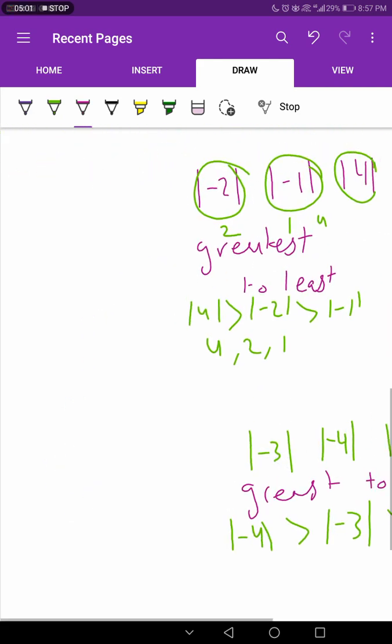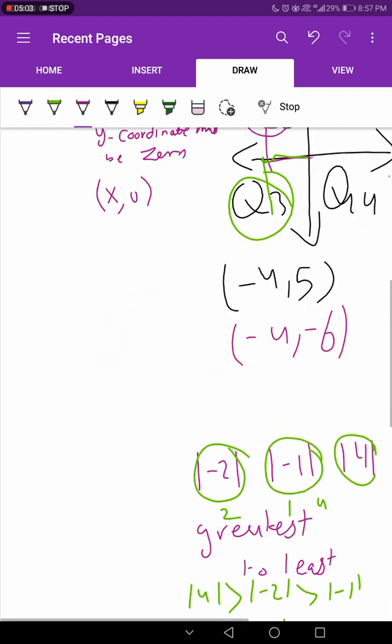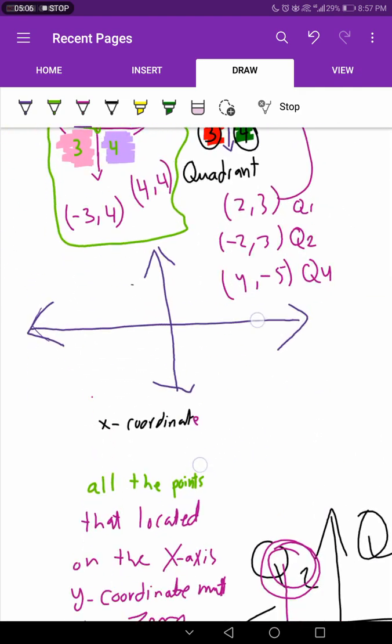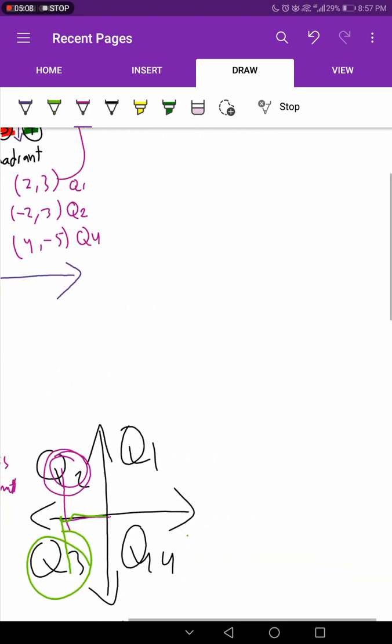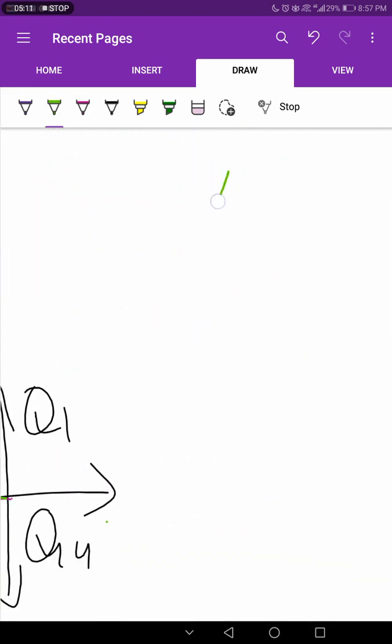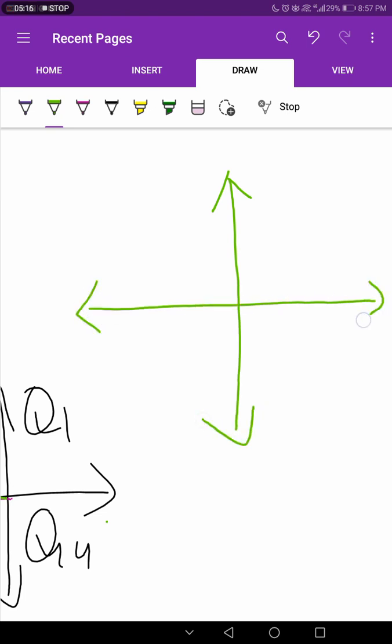Now the last thing I have to explain. Okay, if I have the XY coordinate, you have to know that this is called the X coordinate and this is called the Y coordinate. Yes, and all the points here, for example, this one, if I ask you what this point is, you tell me 1 and 0.